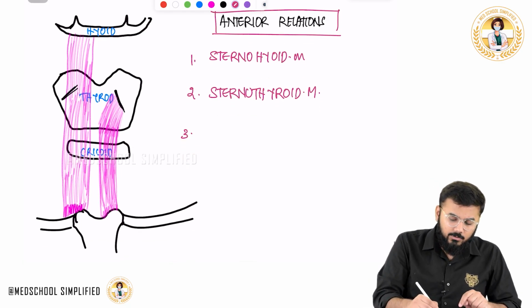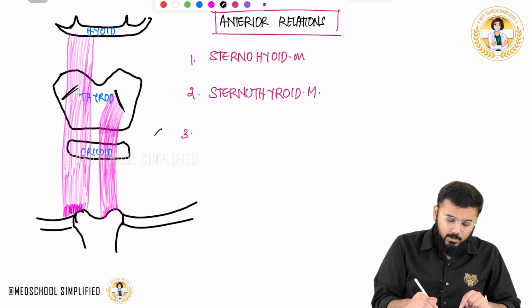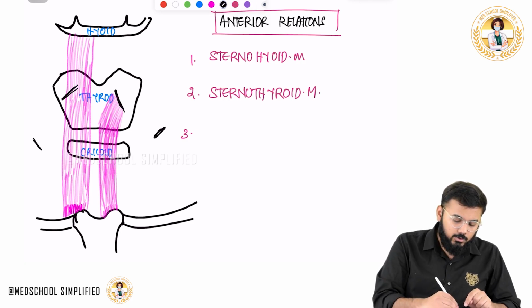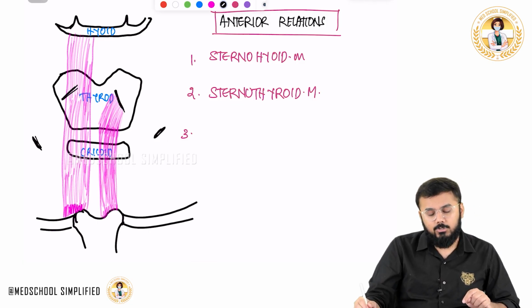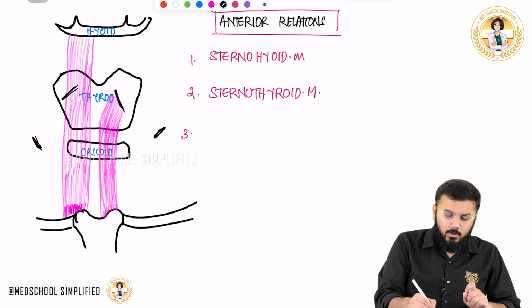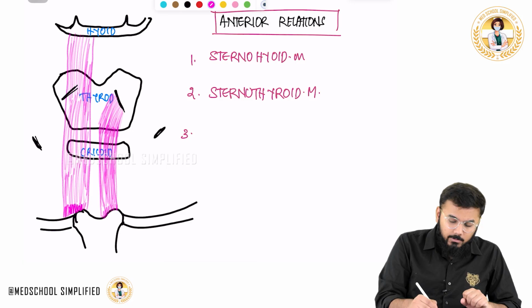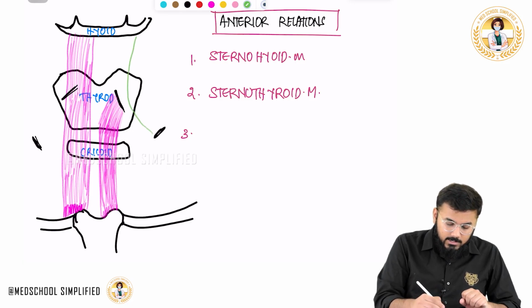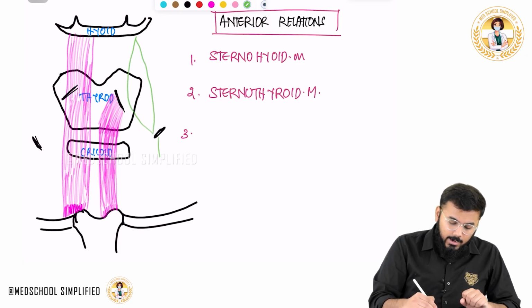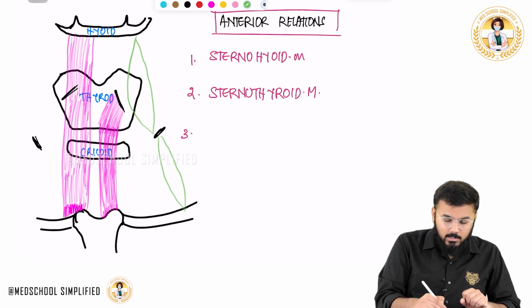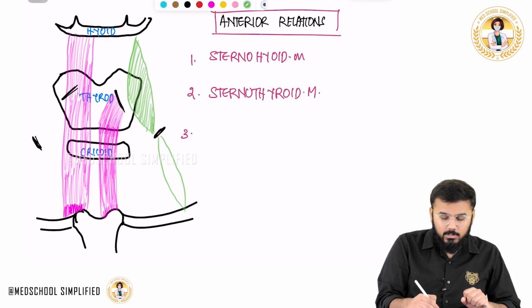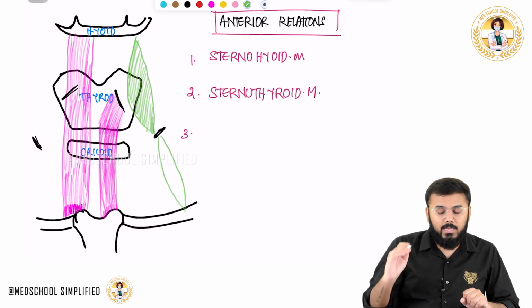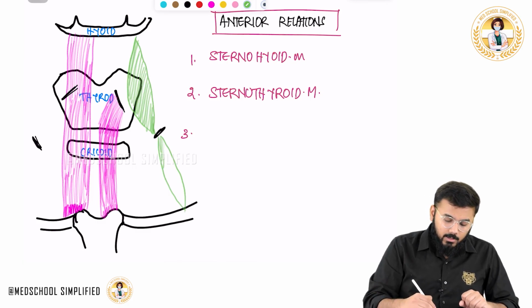Okay, actually this is how the muscle is present. Look here. This tendon which you see on both sides is called the intermediate tendon. I am drawing the muscle with the green. So one part of the muscle is in this way, and another part is like this. The part above the intermediate tendon is called the superior belly of omohyoid.